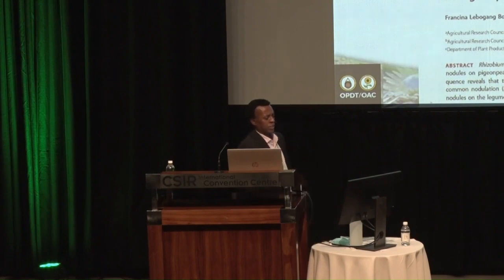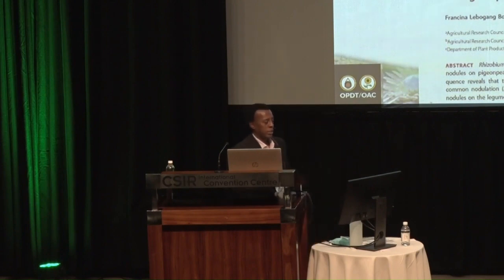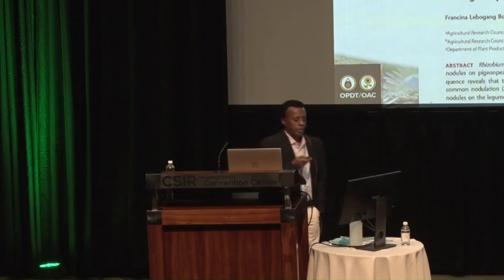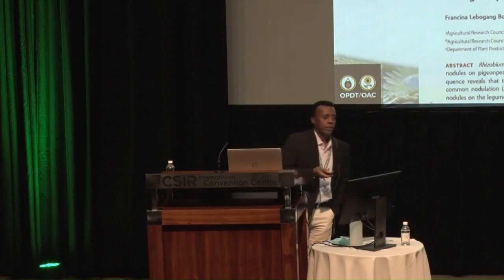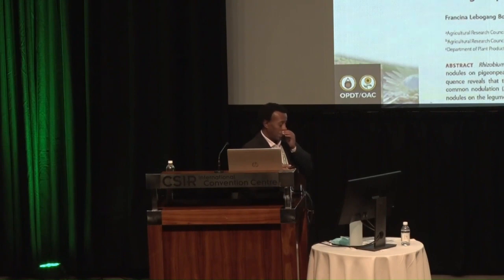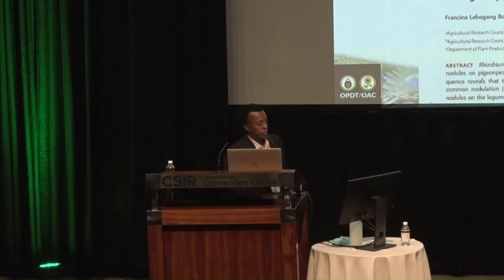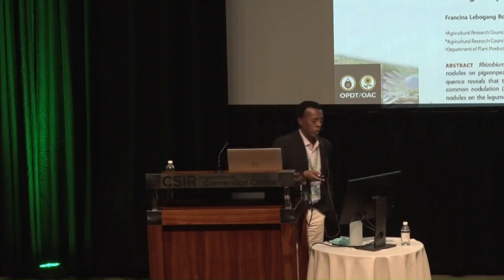Another important research that we are currently conducting is on the symbiotic properties of Rhizobium tropici ARCCs on PGMP. Currently, an intense study on PGMP is being conducted as part of a PhD study by Francina, my colleague.